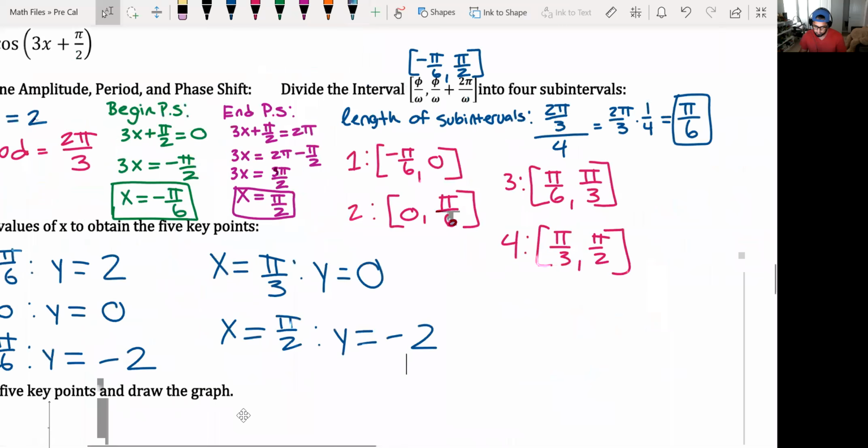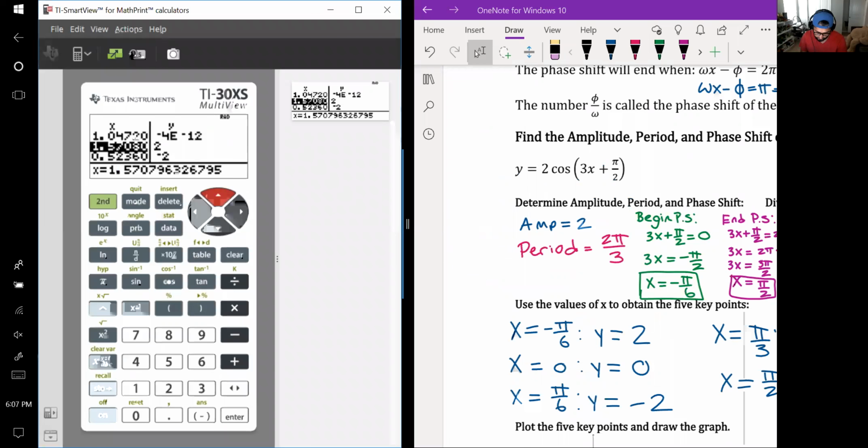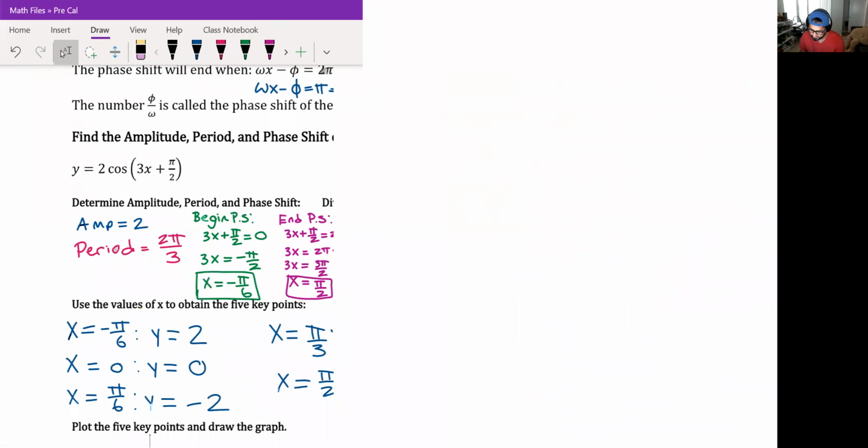Okay. Two, 0, negative 2. Did I type that last one in right? No, not negative 2. Pi over 2 gives me 2, not negative 2. I was like, that doesn't look right.